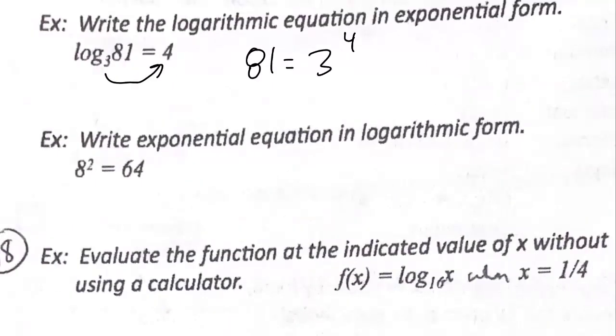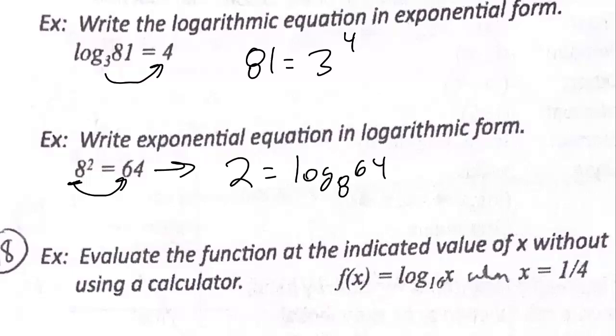And you should be able to know how to do it going backwards, going from exponential to logarithmic. You take this 8 and you bring it to the base of it. So log base 8 of 64.